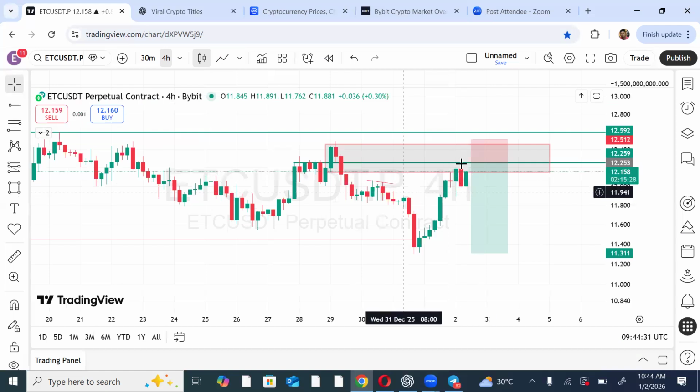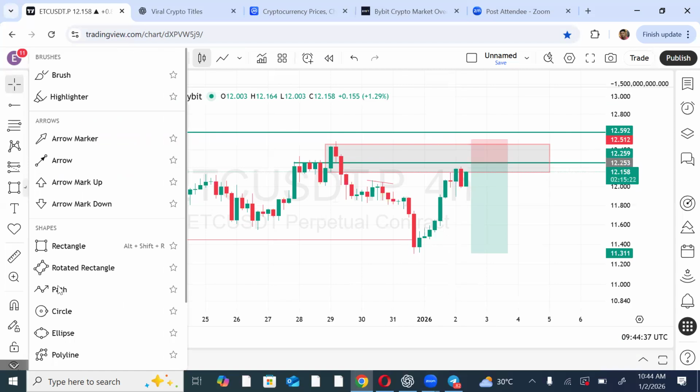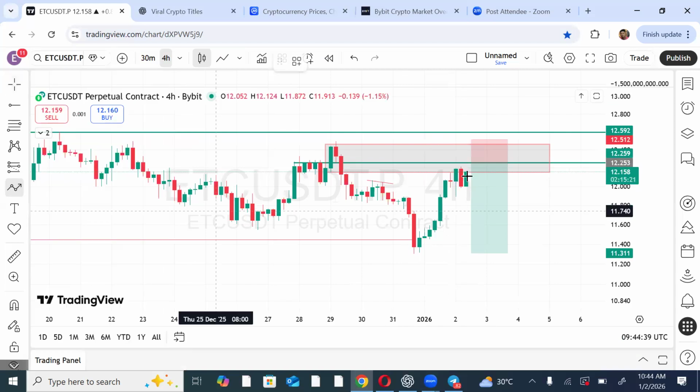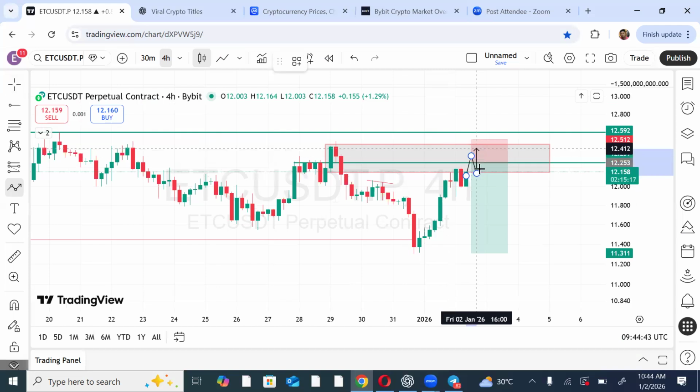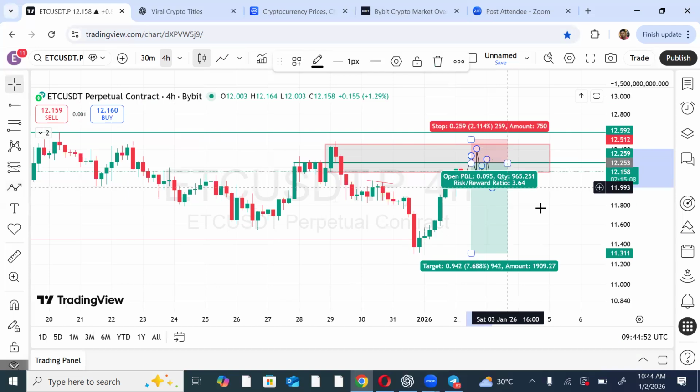If I get a sell confirmation from here, I start selling. The moment I get something like this, a break of structure, I start selling immediately.